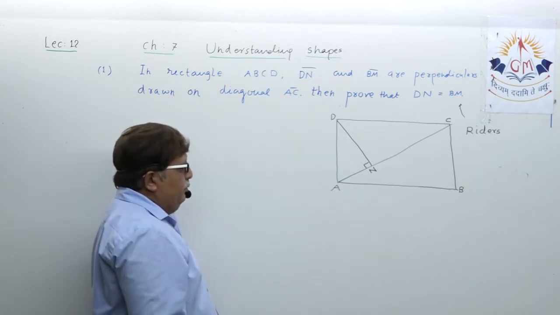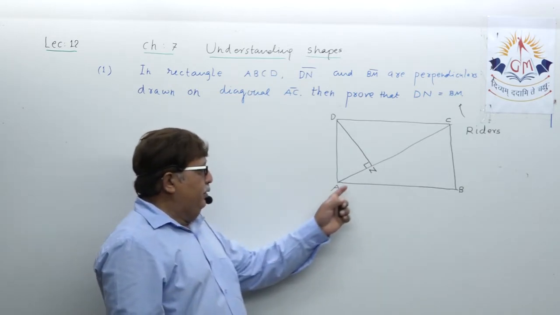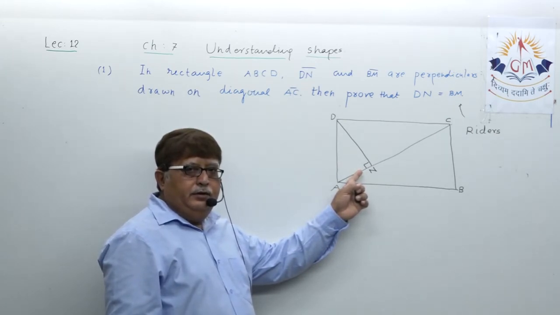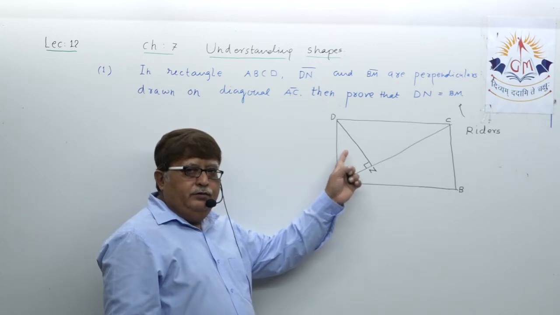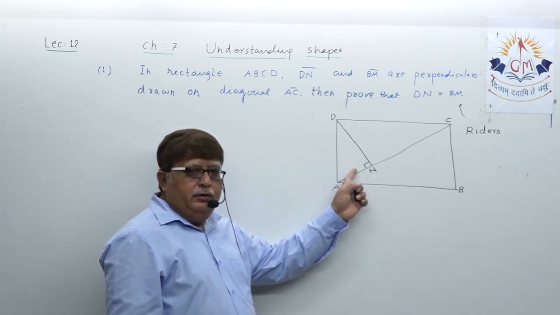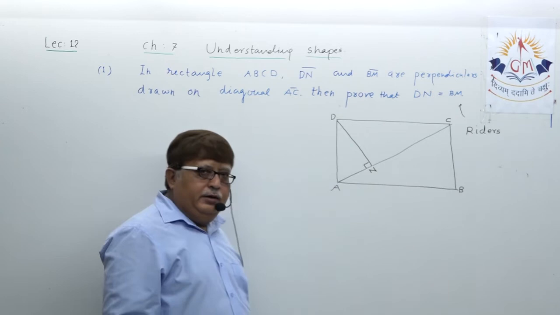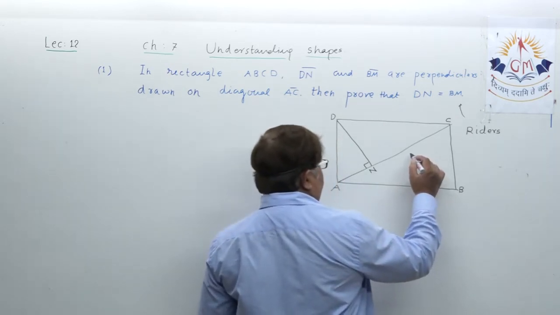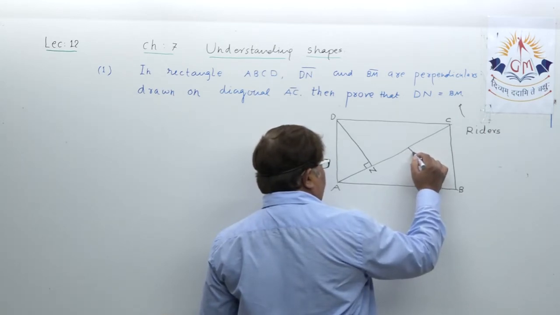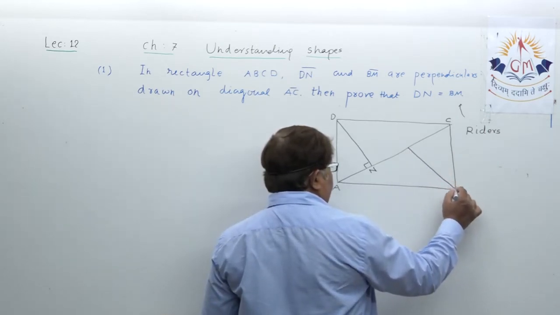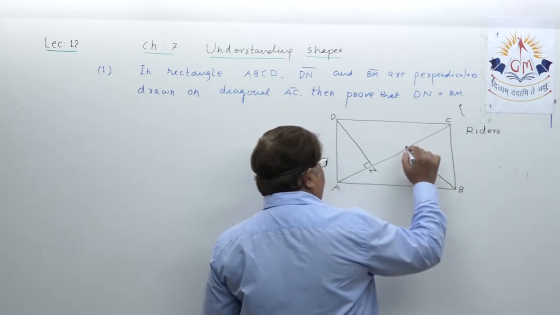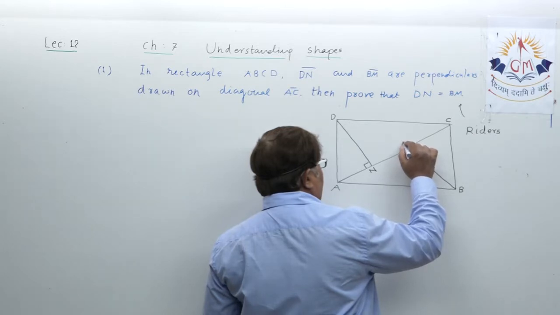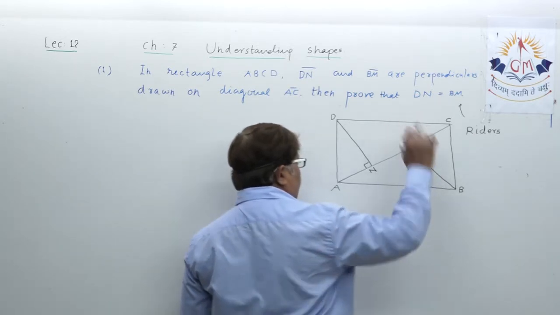Whenever you draw a perpendicular, that means you are showing a right angle here. Perpendicular means the line segment meeting another line segment at an angle of 90 degrees. Okay, another one, let us draw BM. It is another perpendicular drawn on diagonal AC.